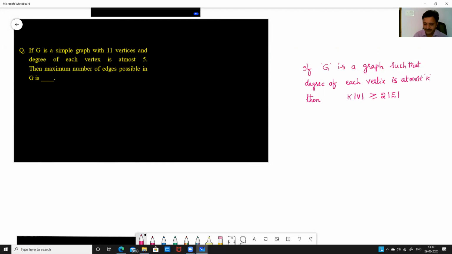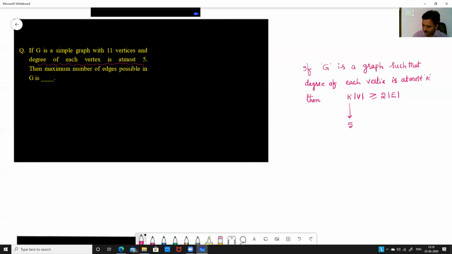Here they mention that the degree of each vertex is at most 5. Therefore, in the place of k, we can write 5, times the number of vertices. How many vertices did they mention? 11 vertices.